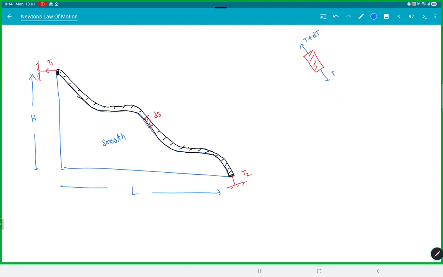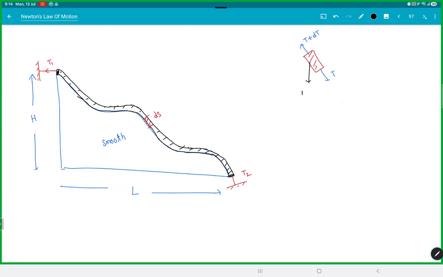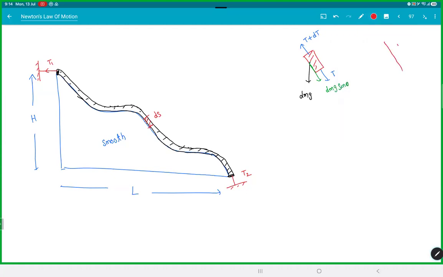Here the tension will be T. This will be your small weight dmg. This will give you a component in this direction, dmg sine theta. So if this was ds, this was theta, then we can clearly see dT is nothing but dmg sine theta.